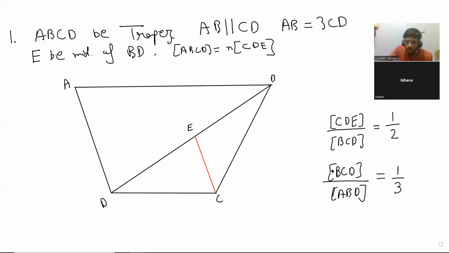I will just reverse this. Five, no, four, right?